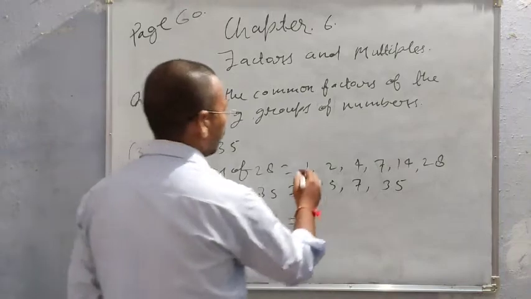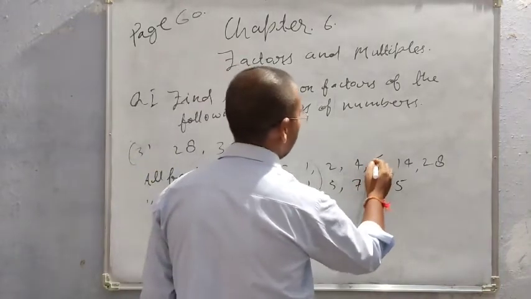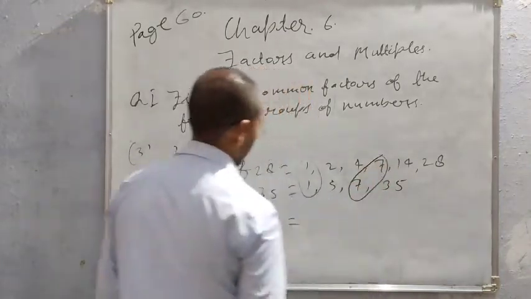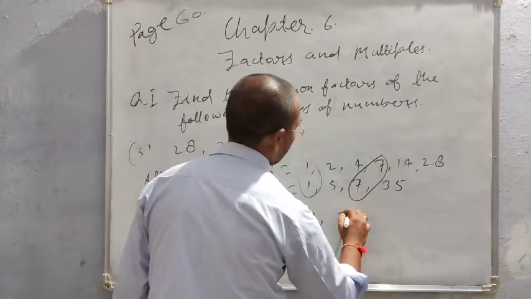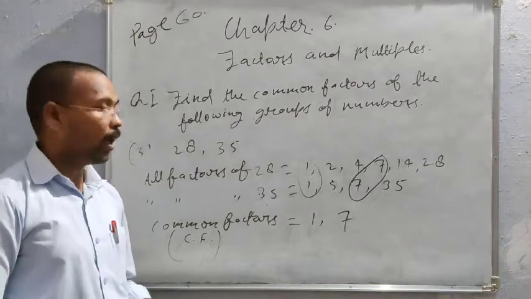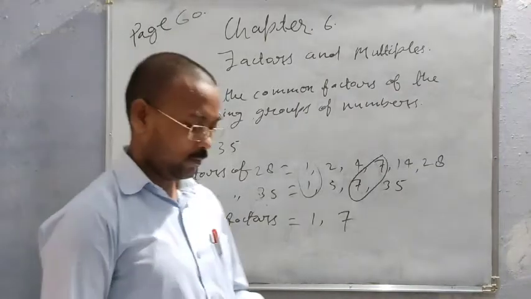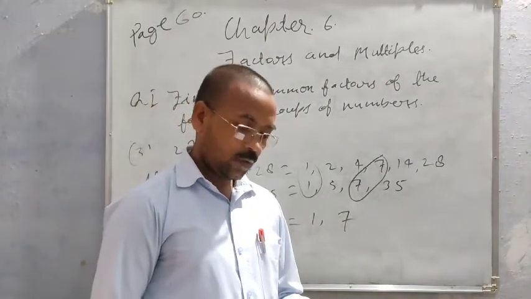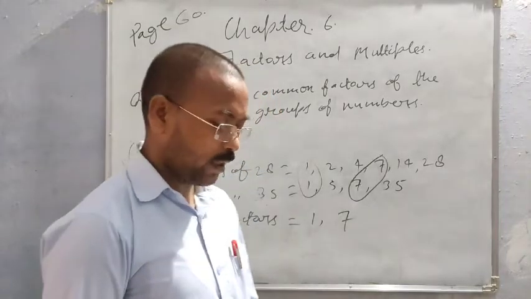So see here, 1 and 7. So write here, the common factors of 28 and 35 are 1 and 7.